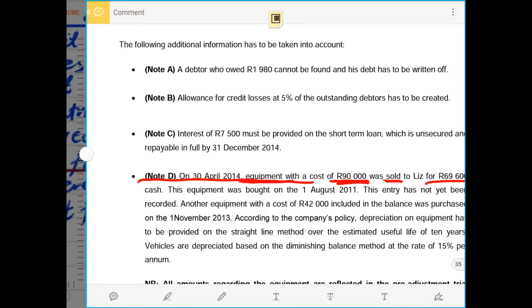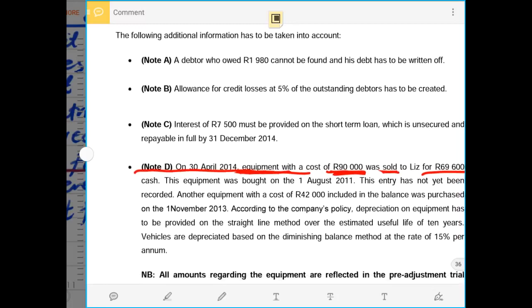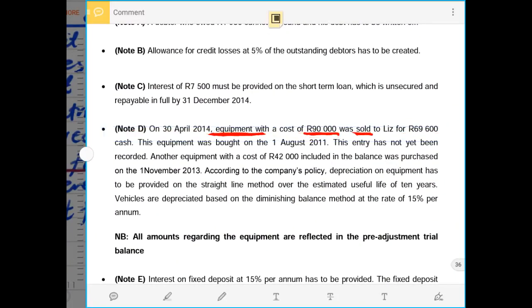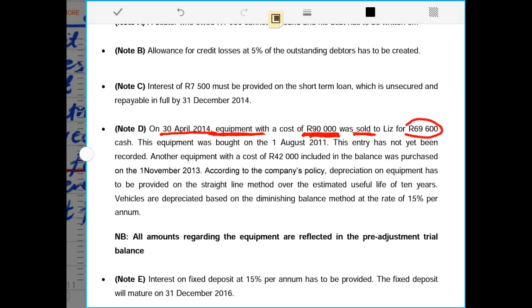Then we can go to note number D, and note number D is the one that tells us about the disposal of a specific asset, being equipment. Note number D says that on the 30th of April, remember the accounting period ends on the 31st of July, but they say on the 30th of April, equipment with a cost of 90,000 rands was sold for 69,500.